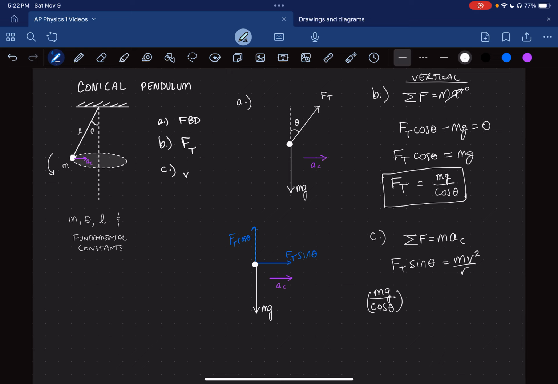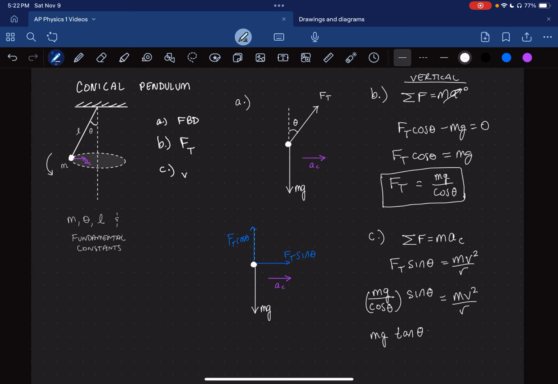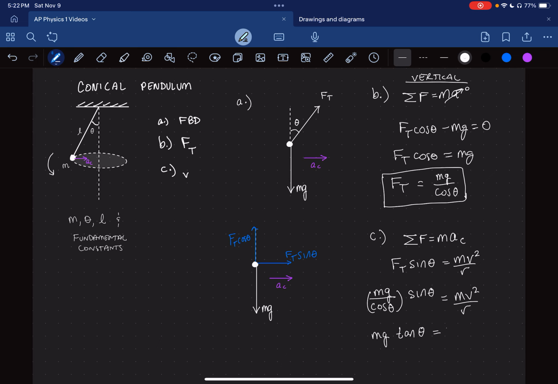Usually a good idea when you substitute an expression here, for example ft, that we just put in parentheses. It's not entirely necessary in this case. V squared over r. And so we have mg. Now sine over cosine, I like to just write tangent. That's one of those trig identities. So sine theta over cosine theta is tangent theta. So mg tangent theta equals mv squared over r. We can cancel an m.